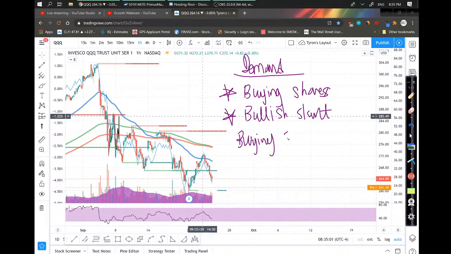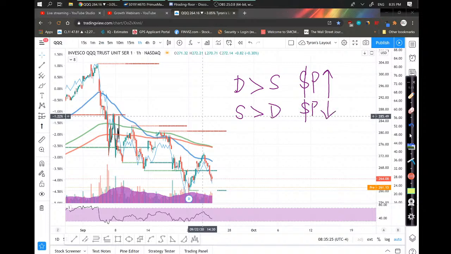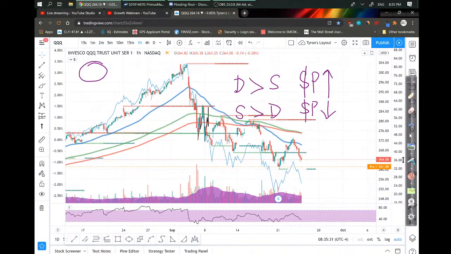There's no rocket science about this. When demand is overwhelming supply, prices of the stock go up. And when supply is overwhelming demand, prices come down. So over here, let's just use this as an example.